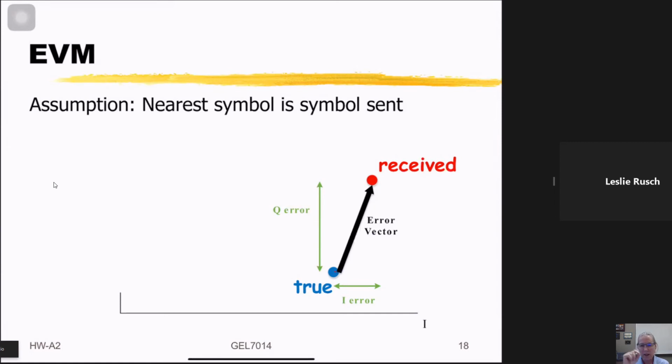Now I look at each one of my little scattered red dots, and for each red dot, I ask myself, how far away is it from what I believe to be the true one? I'm not sure it's the true one, but for the sake of assumption, I'm going to assume that it was. So now I can quantify how far away it is. And so it gives me an idea of how much error, how much noise there is in the system, how big is that cloud of dots around the presumed correct one.